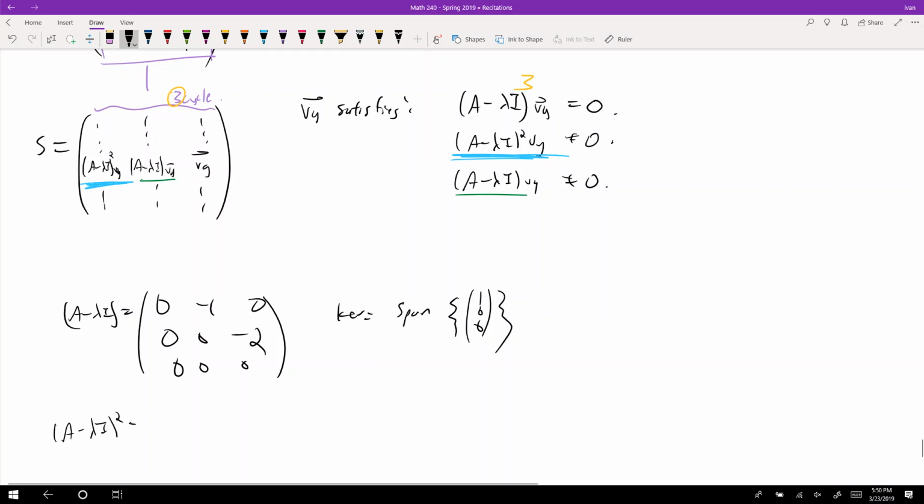A minus lambda I squared is going to be equal to 0, 0, 0, 0, 0, 0, 0, 2, 0, so the 2 in the upper right. And what's a kernel for this matrix?